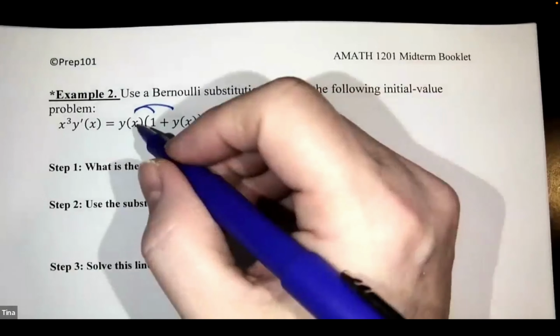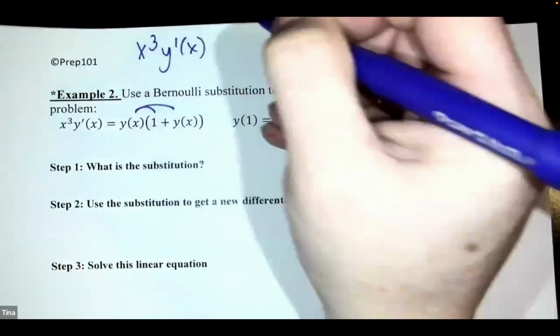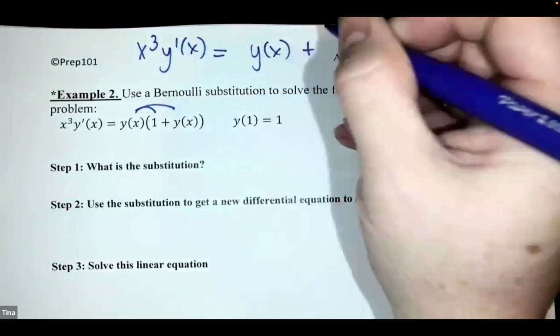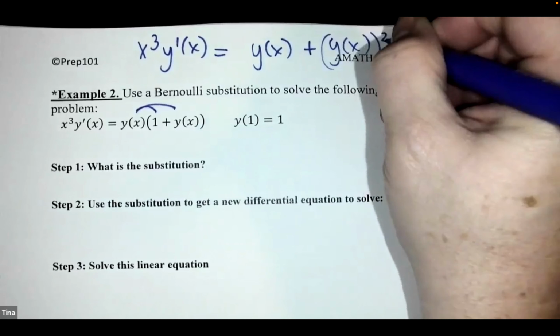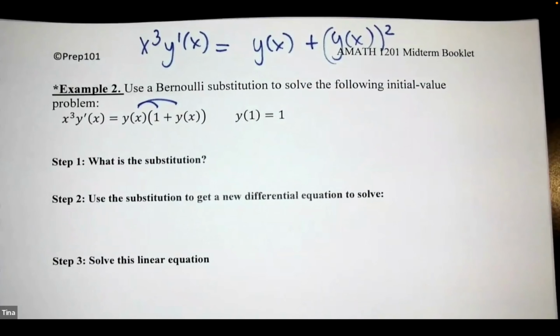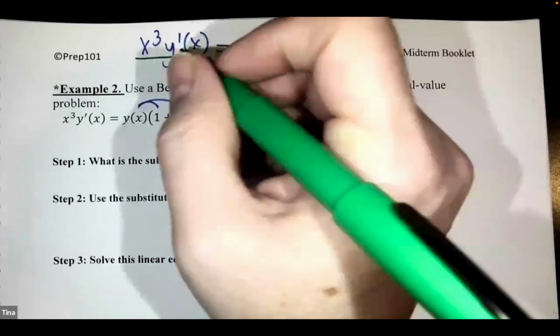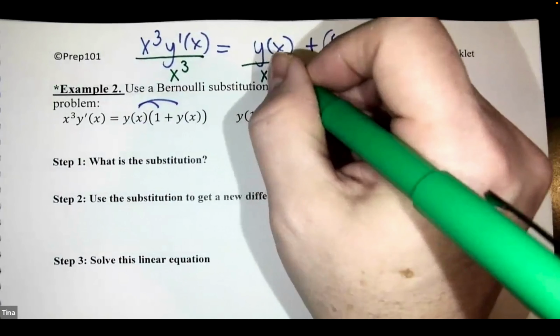So if I multiply this out, x cubed y prime equals y of x plus y of x squared. And then divide by x cubed in each case.